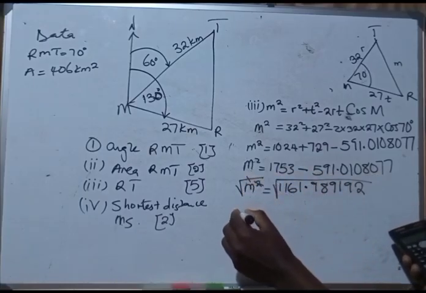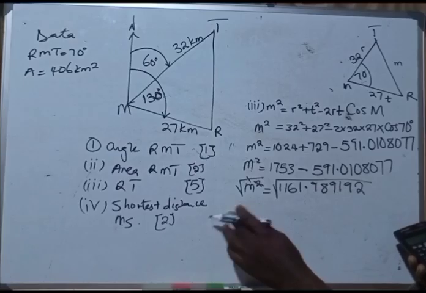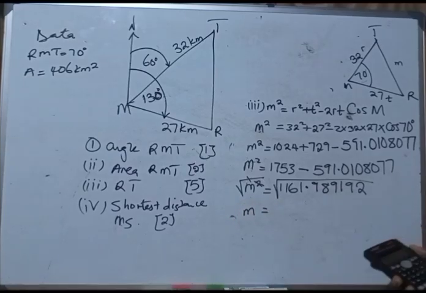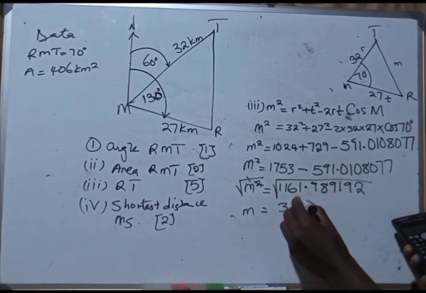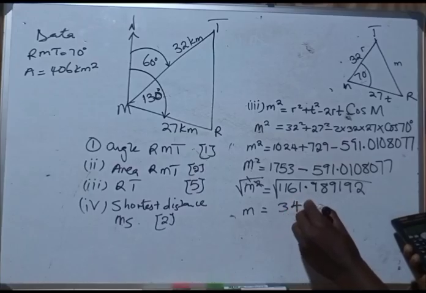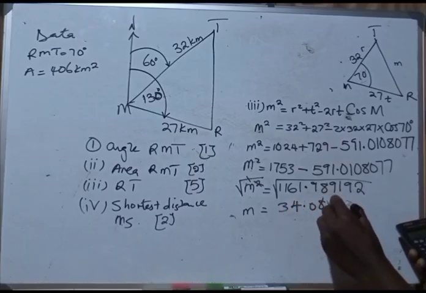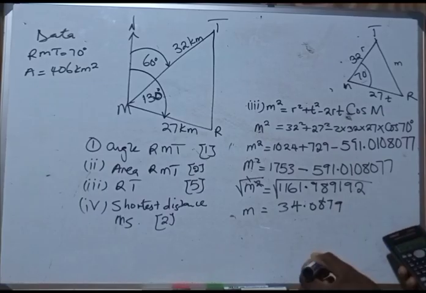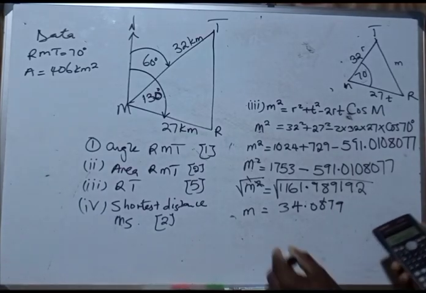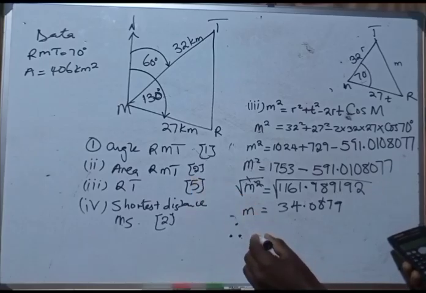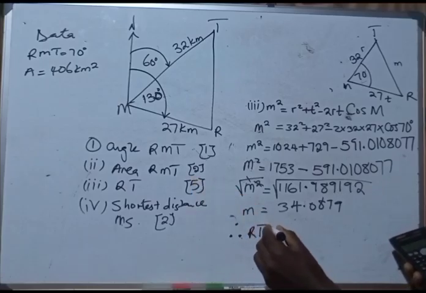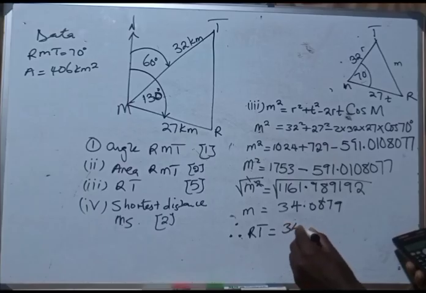So we have m is equal to the square root of the answer we have found, which is 34.0879. Of course, we want to have 3 significant figures, so I'll say therefore our RT is equal to 34.1.